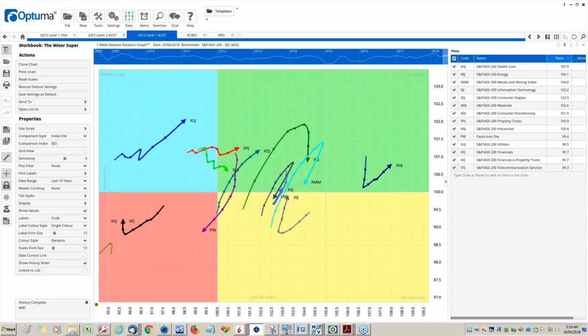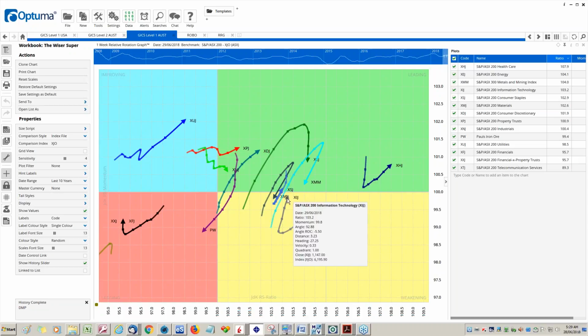When I look at this particular sector rotation chart, reading it from a comparative relative strength perspective, everything on this screen is extremely strong. The strongest sector within this market is healthcare. The second strongest is energies. The third strongest is metals and mining.